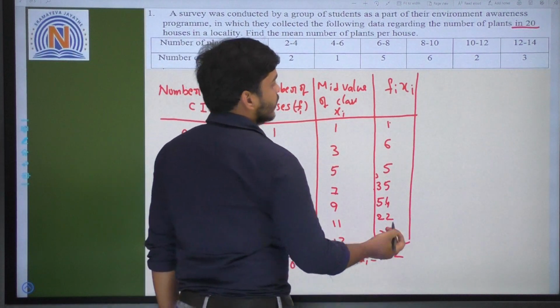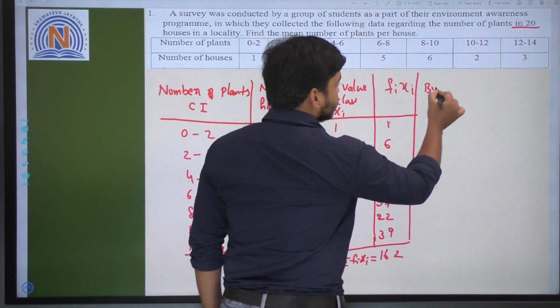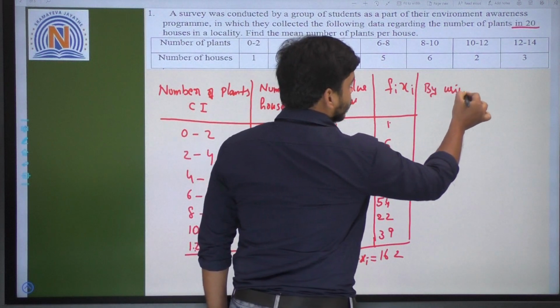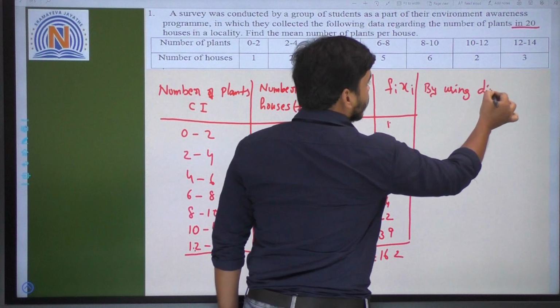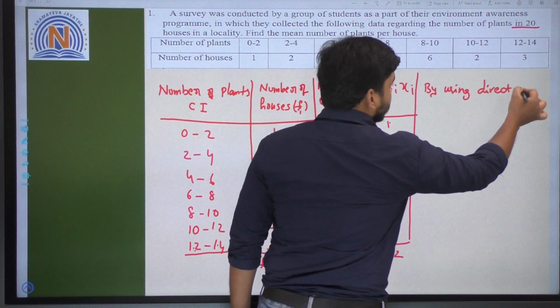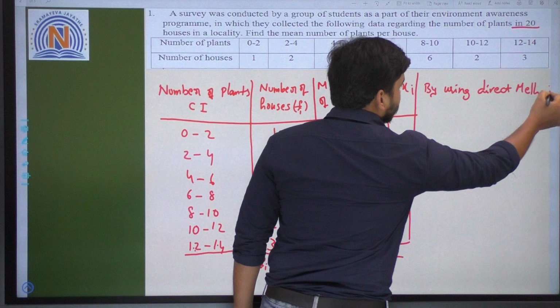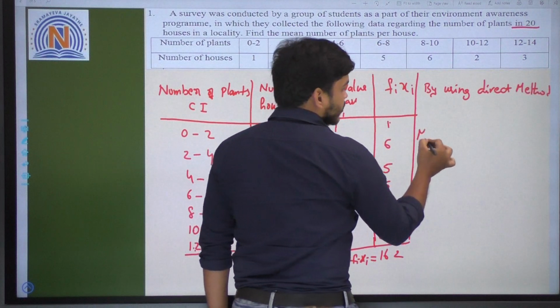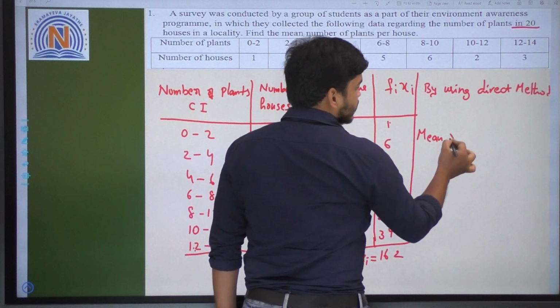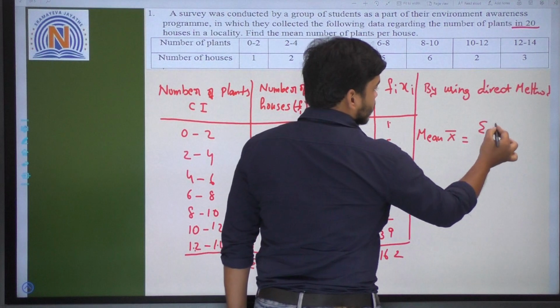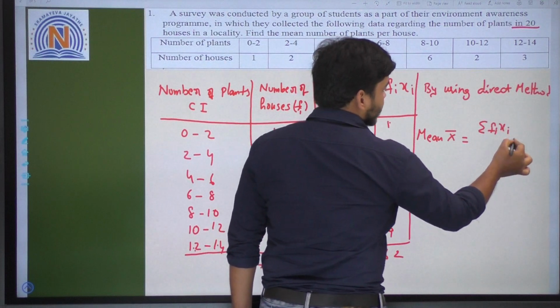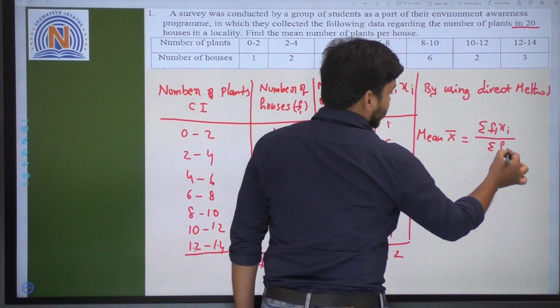Now we need to calculate by using the direct method. Direct method mean, that is x bar is equal to sigma fi into xi by sigma fi.